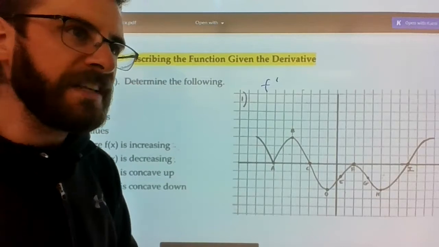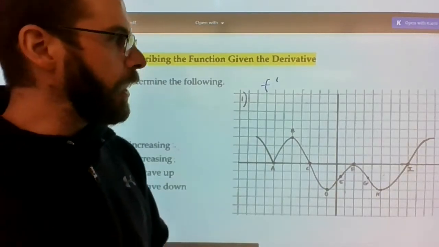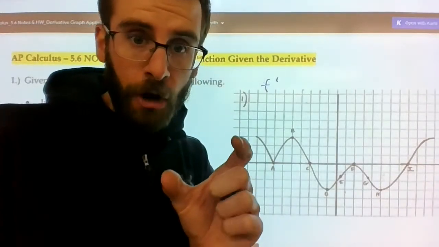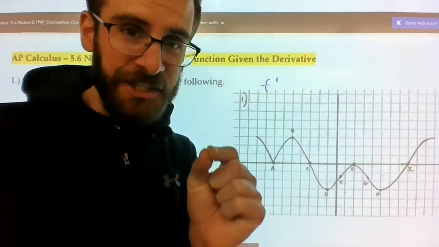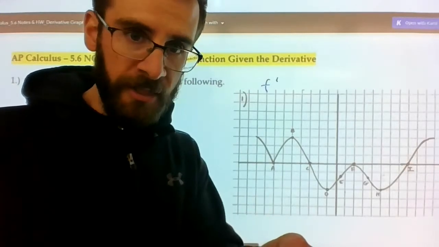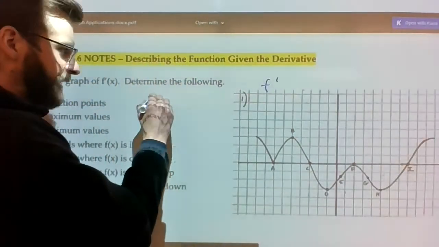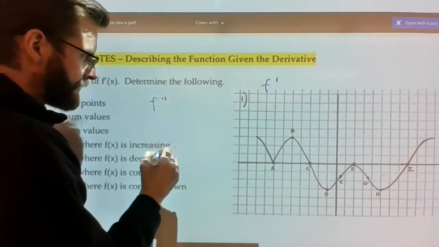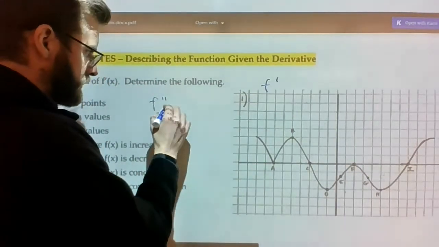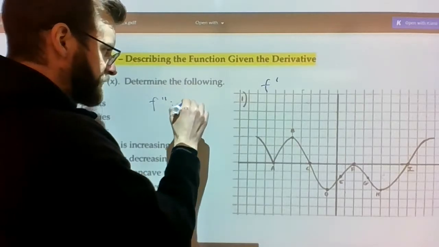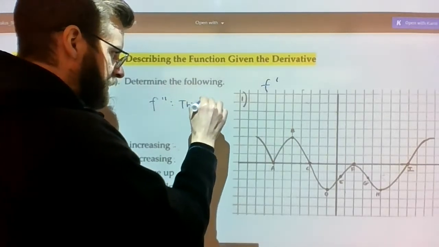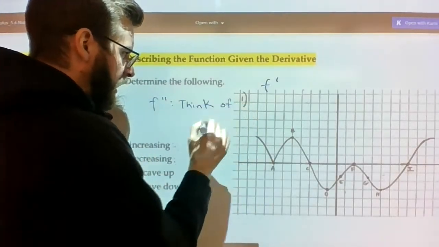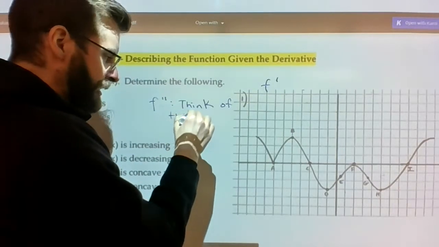So what does the derivative look like? Well, the derivative of a function are the slopes of all the tangent lines that can be drawn on the function. So f double prime is informed by think of the tangent lines for f prime.